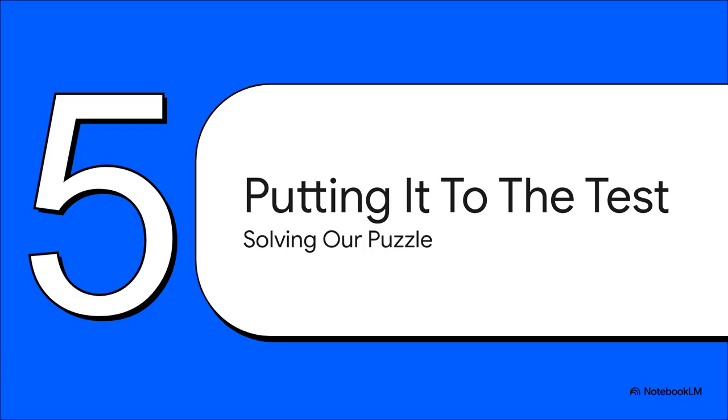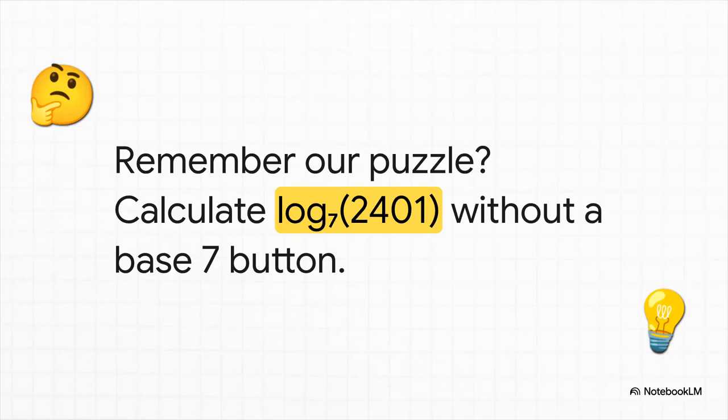Okay, so we've defined the problem, we've gone over the concepts, and we've actually built the tool ourselves. Now it's time for the really satisfying part. Let's go all the way back to the beginning and solve that puzzle. Remember this guy? The logarithm, base 7 of 2401? Just a few minutes ago, our calculator was useless for this. But now we're ready.